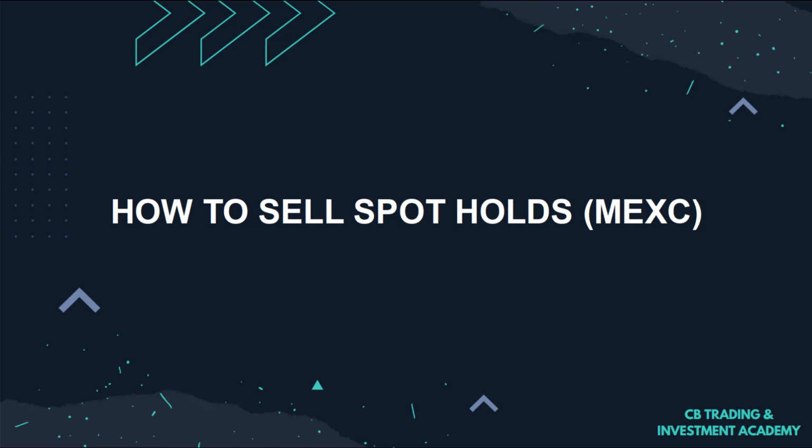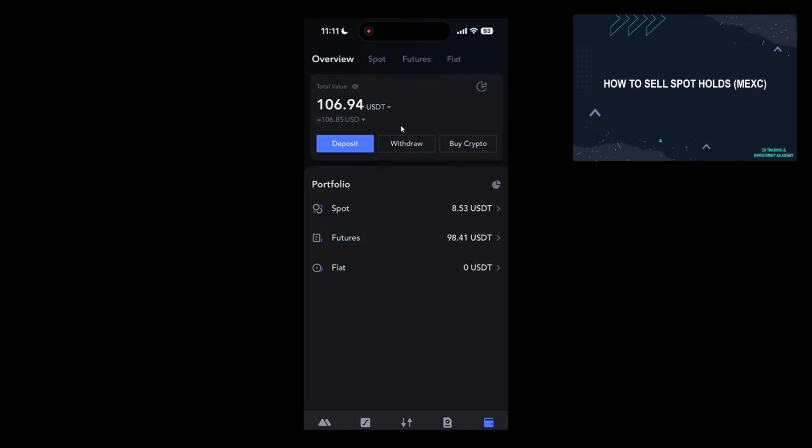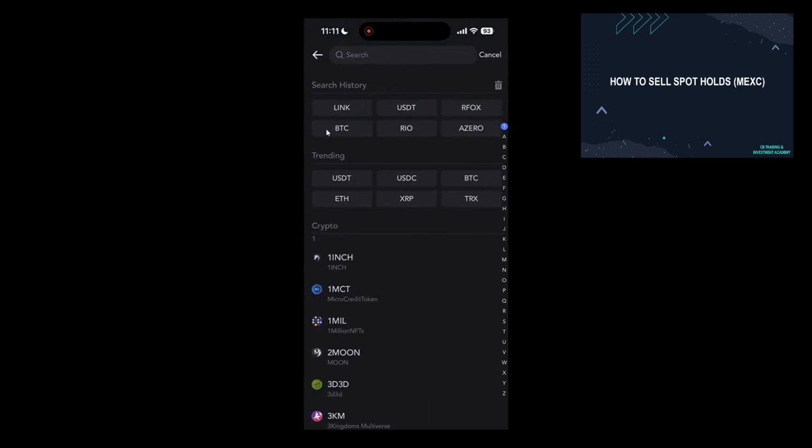So first, let's work from the situation that you have your tokens on your Tangem or Ledger or any other wallet. You have to send them back to an exchange.